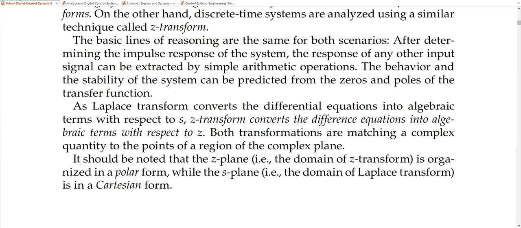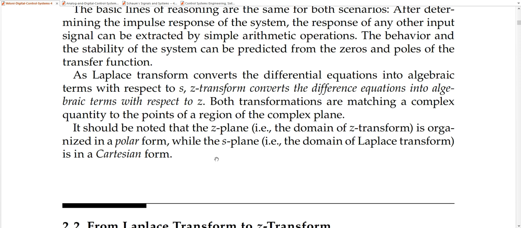As Laplace transform converts the differential equations into algebraic terms with respect to s, Z transform converts the difference equations into algebraic terms with respect to z. If you recall your Laplace transforms, from t domain to s domain. Now in our case, for the digital control system, we are going to convert the time domain to the z domain, or the z frequency domain.